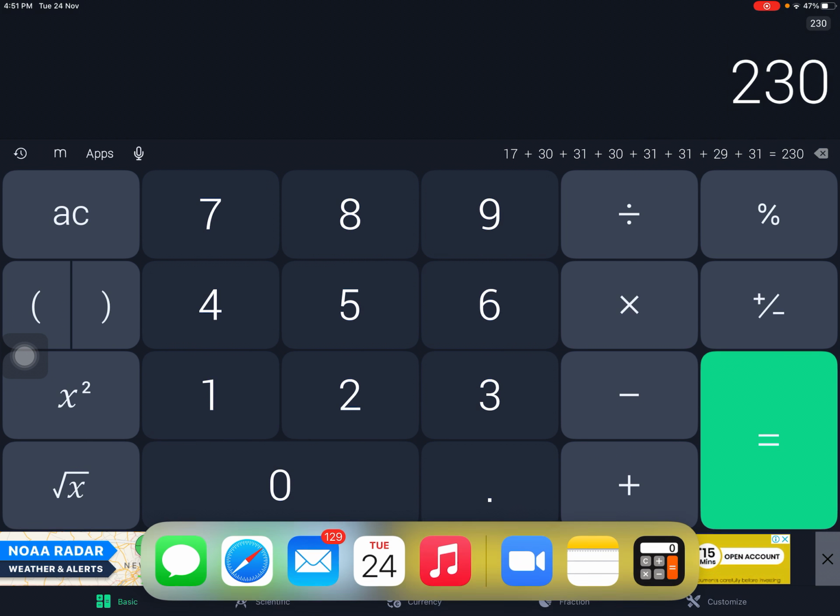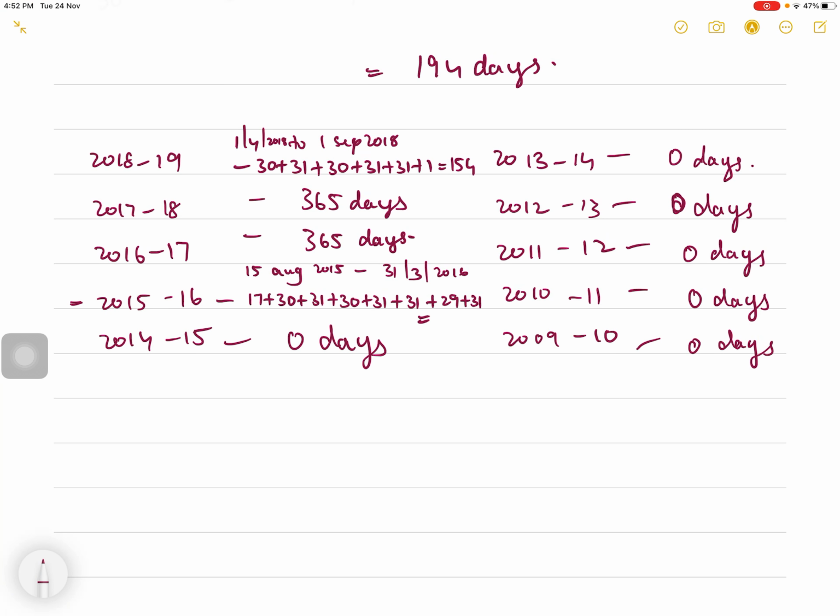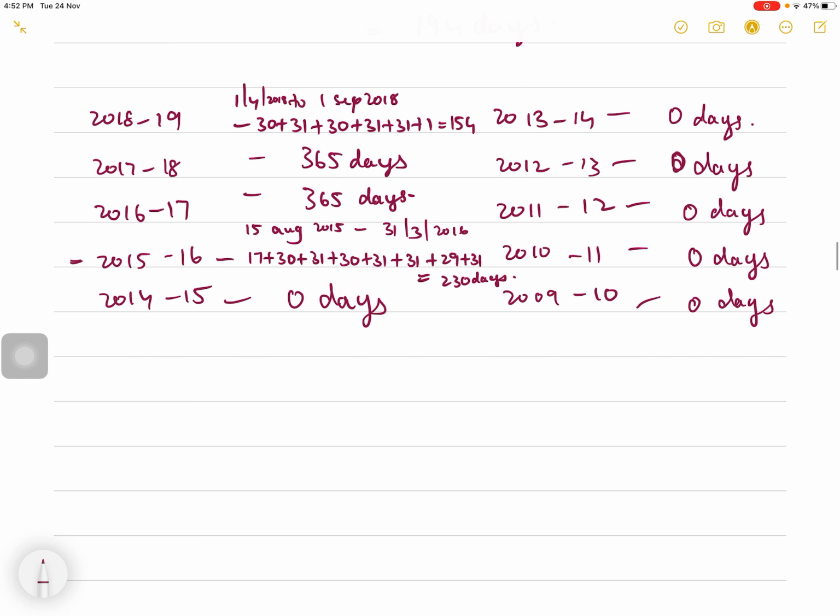So 230 days. So during 18-19 he stayed in India for 154 days, which is less than 182, but it is more than 60.